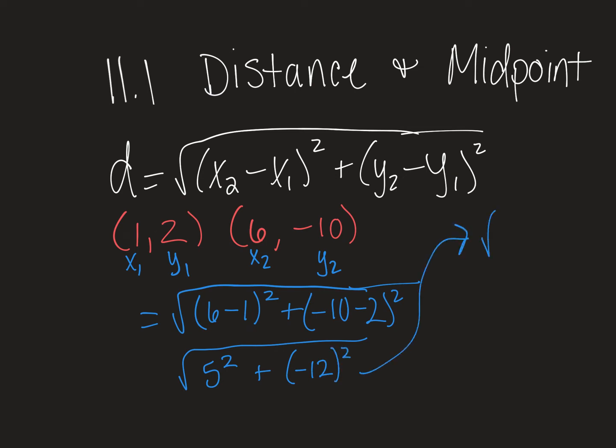So that gives you 25 and 144. Remember, when you square the negative numbers, they're going to become positive. So you shouldn't ever end up with a negative under the square root at this point. So then that's the square root of 169. And if you can work it out evenly, work it out like you can for this one. If not, just leave it in the square root.